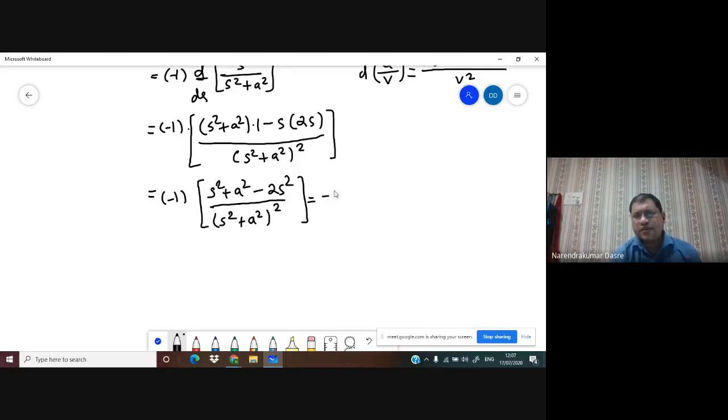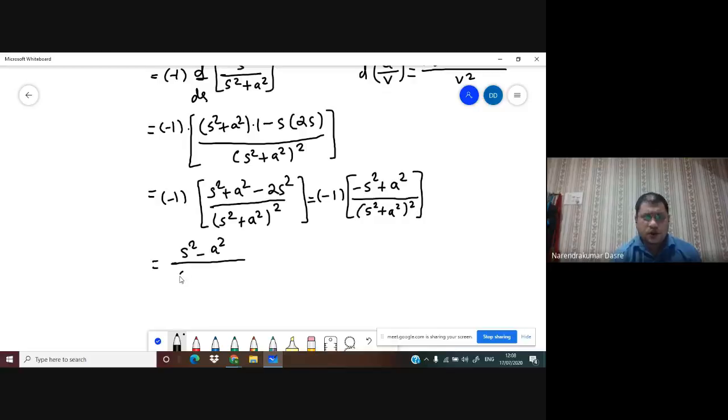Now you can see this is minus 1 times I'll be having minus s square plus a square upon s square plus a square bracket square. Is that okay? So I can absorb this minus sign and I am able to write s square minus a square upon s square plus a square bracket square.